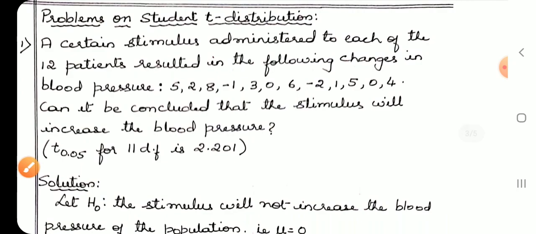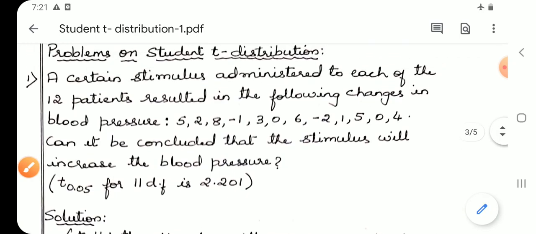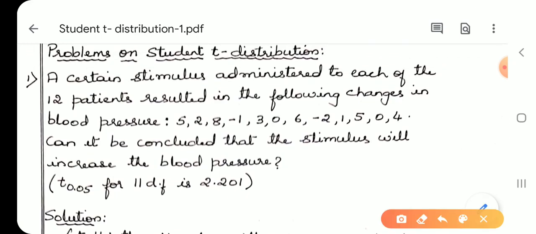So understand the question here. 12 patients are there. Some external stimulus, maybe an injection or something, is given to each of the 12 patients.